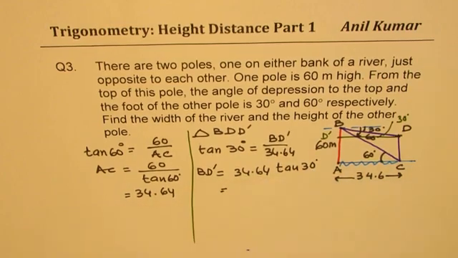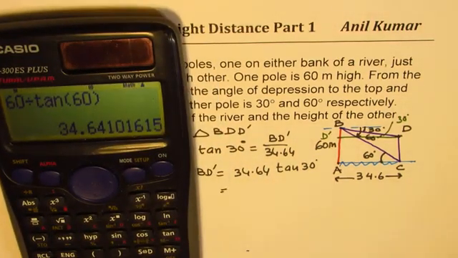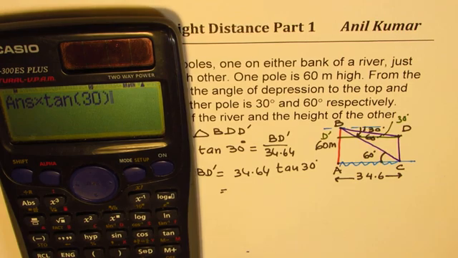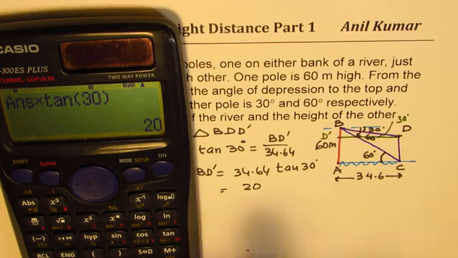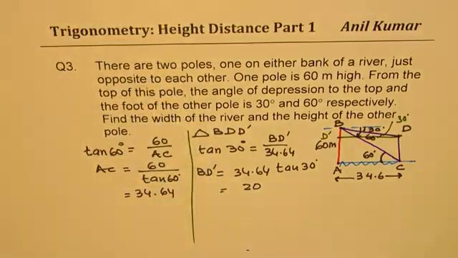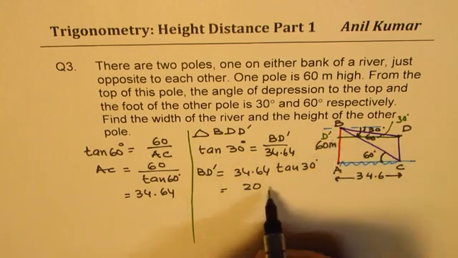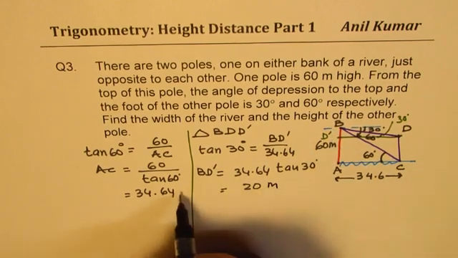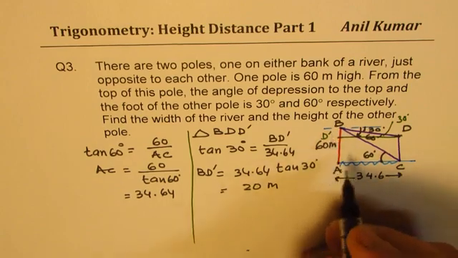Correct? So let's calculate. So we already have 34.64 in the calculator. We'll multiply this by tan of 30 degrees. Right? So it is good to keep these values in the calculator since it saves time. Do you see that? So we get 20. So this B to D dash is 20 meters, correct? And we know that the height is 60 meters in all, right?